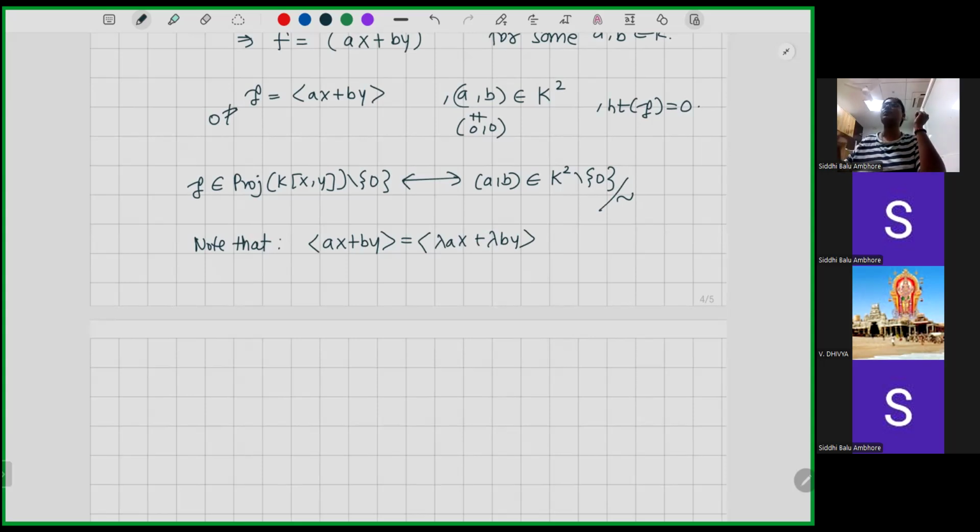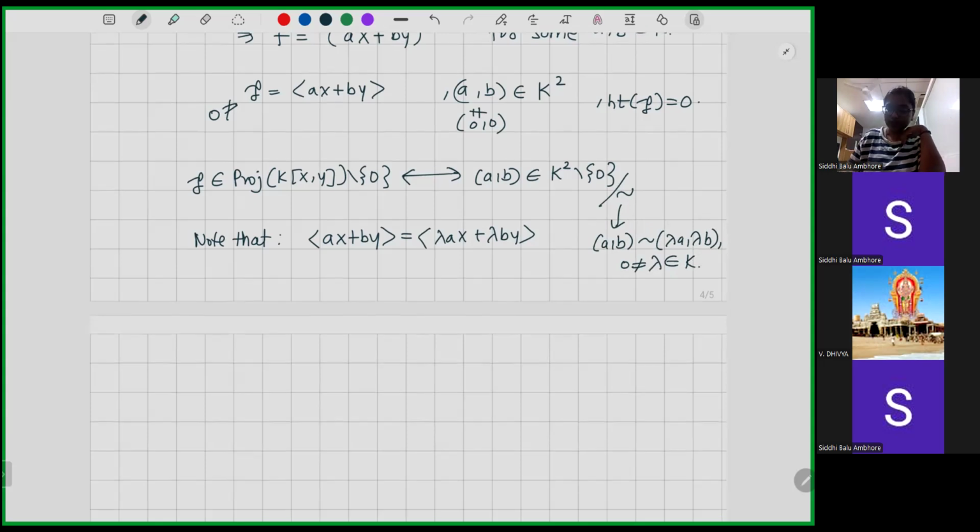So I define this equivalence relation: (a, b) is related to (lambda a, lambda b), where lambda is non-zero in k.